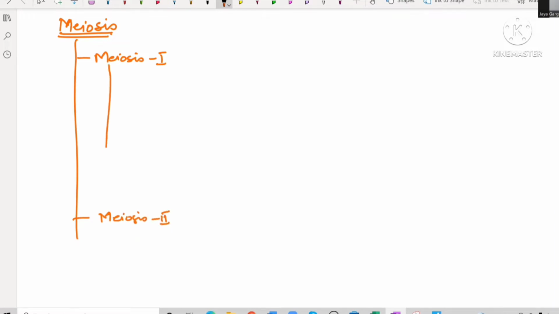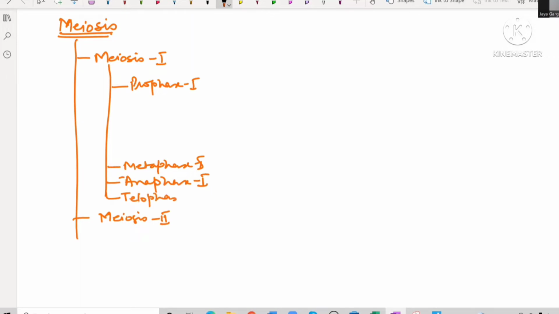And meiosis 1 is again divided into prophase 1, metaphase 1, anaphase 1, and telophase 1. Meiosis 2 is divided into prophase 2, metaphase 2, anaphase 2, and telophase 2.